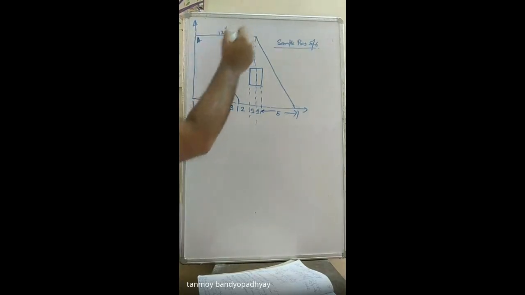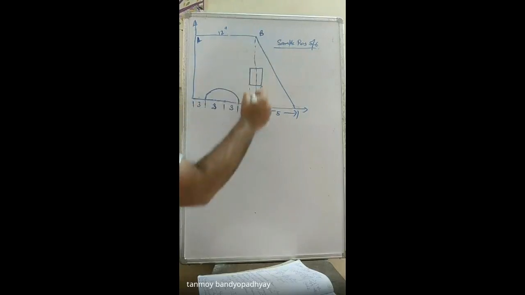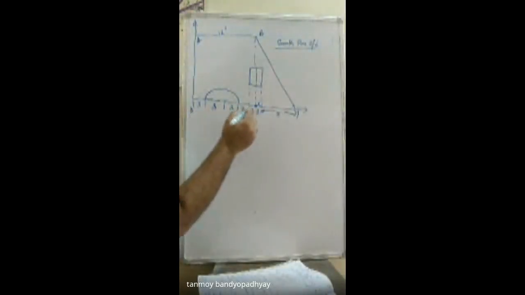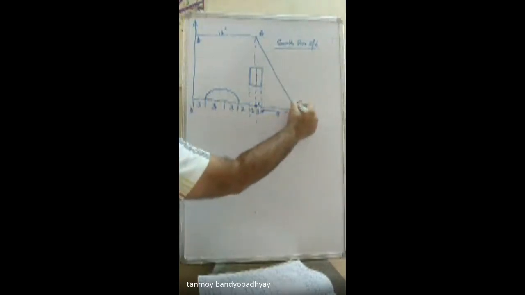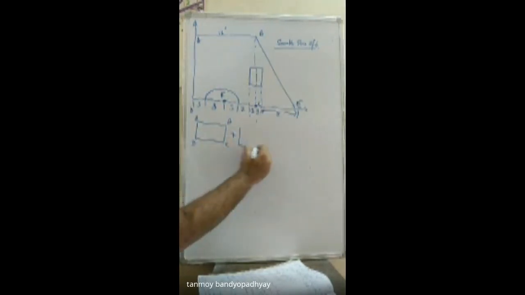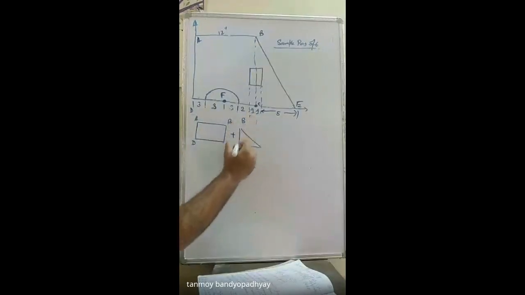Suppose this one is A, this one is B, this point is C, this point is D. Let's call this one E, and this point F. So it's made up of a rectangle ABCD plus a triangle BCE.